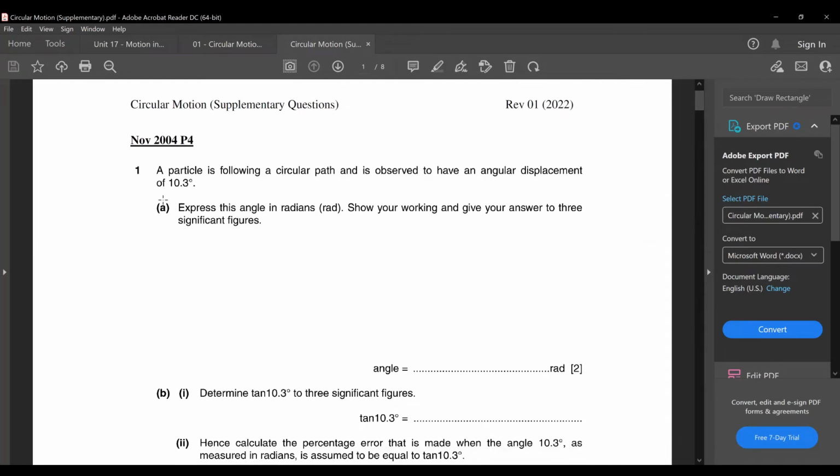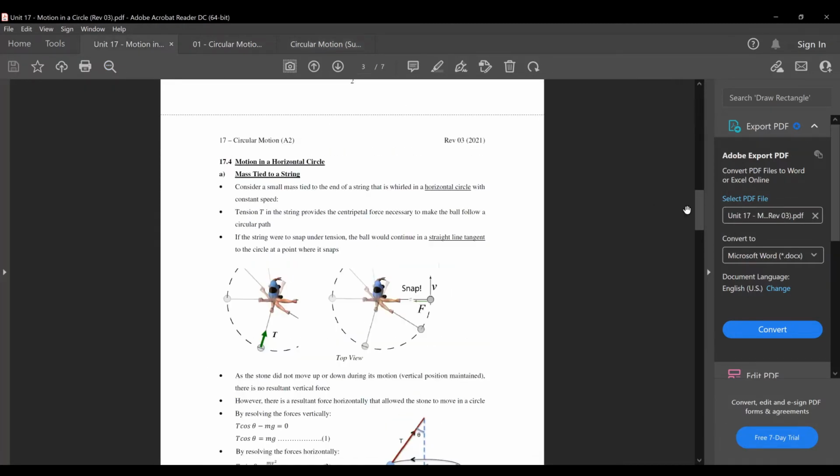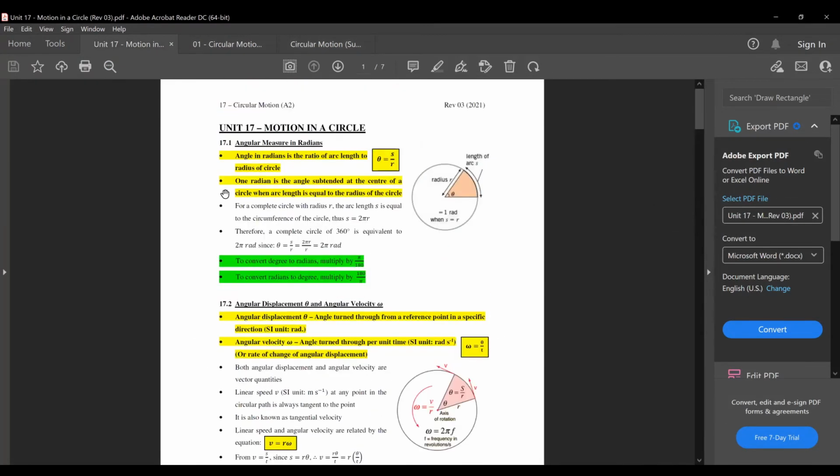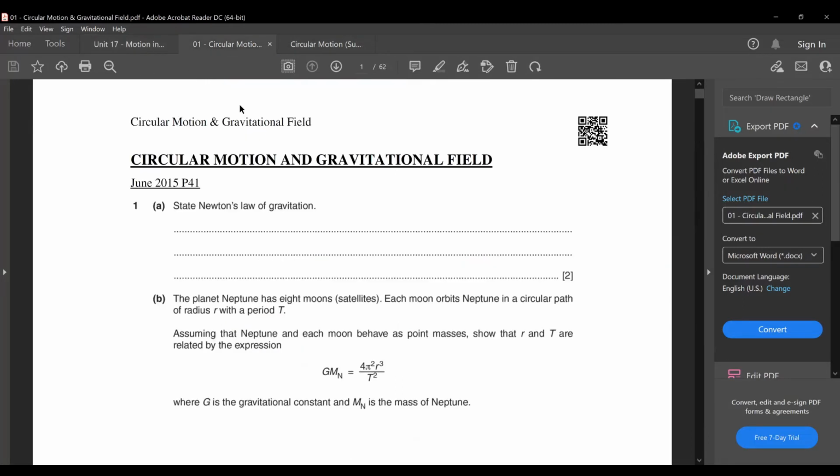Now, one thing to note here for you guys is that motion in a circle very rarely comes out as a standalone question in your A2. It is often combined with another chapter called gravitational field. That's why you see this one here is circular motion and gravitational field.